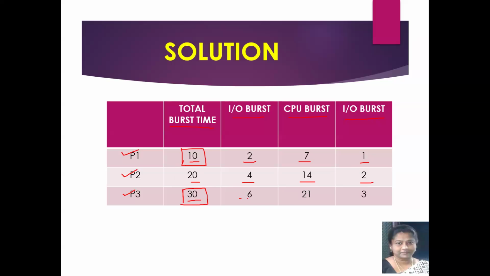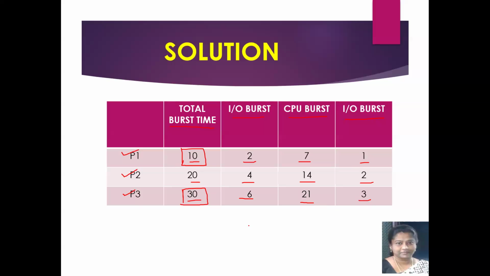The first 20% is 6, the next 70% is 21, and the last 10% is 3. So that's how we get it for P3. From the given data, we have now computed the I/O burst, CPU burst, and I/O burst for each of the processes P1, P2, and P3.